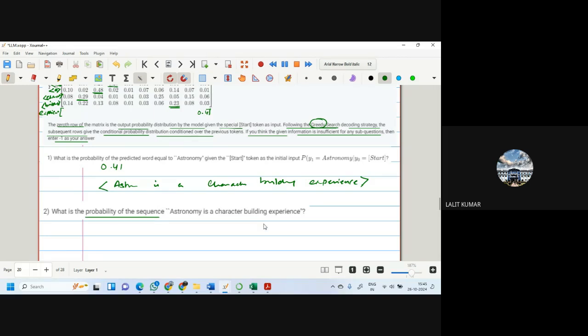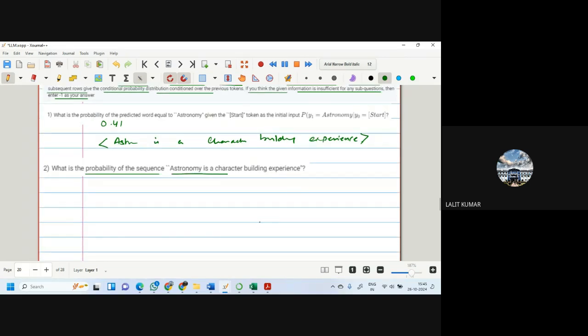Now, what is the probability of the sequence? So we know the probability of this sequence will be P of astronomy.